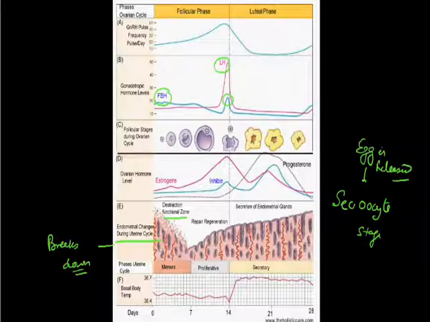If it is not fertilized, then the cycle is repeated, means the bleeding occurs. So the entire period takes place around 28 days and can be divided in the four above mentioned stages, that is menstrual phase, follicular phase, ovulatory phase as well as luteal phase.